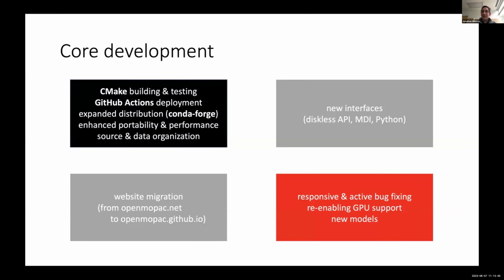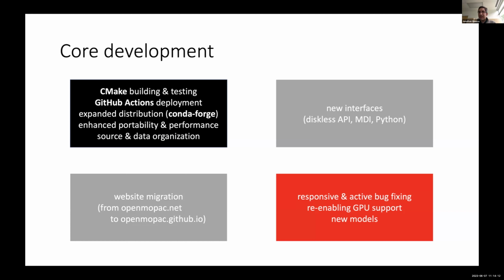So the core development, just a high-level summary. The under-the-hood development has allowed MOPAC to make this transition to open source. Most people are not going to see this and probably not very interested in it, but if you want to compile it yourself, there's now a CMake-based system for building and testing.